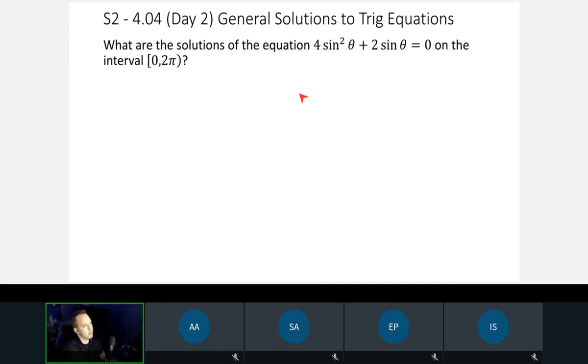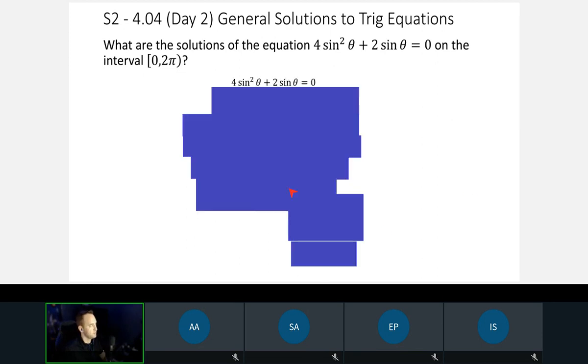I'm looking at my work right now on the previous page, and I mistyped it. Whoopsies. It's an easy fix, though. All right, the common factor is 2 sine.